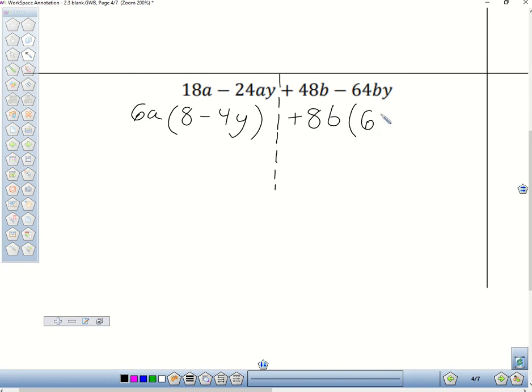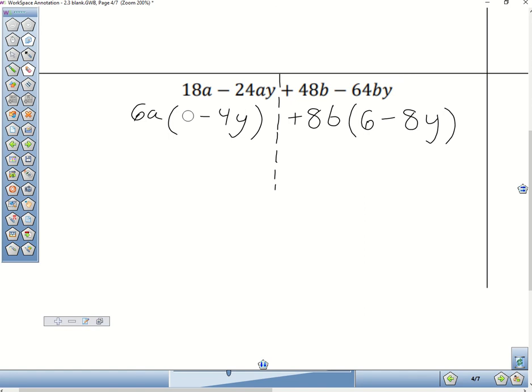So that's going to leave me with 6 minus 8y. I made a mistake here somewhere, didn't I? Yeah, I did. This is 3.